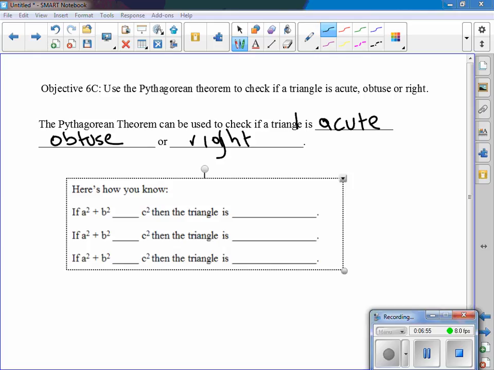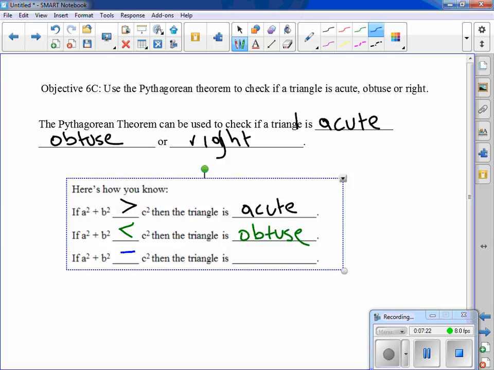So we just need to write down the relationships. If a squared plus b squared is greater than c squared, then the triangle is acute, meaning all the angles are less than 90. If a squared plus b squared is less than c squared, then the triangle is obtuse, meaning that one of the angles in the triangle is larger than 90.